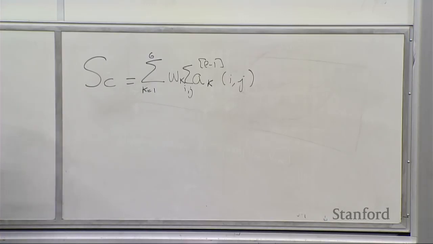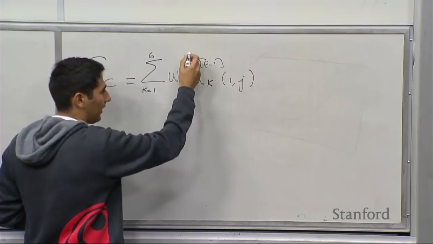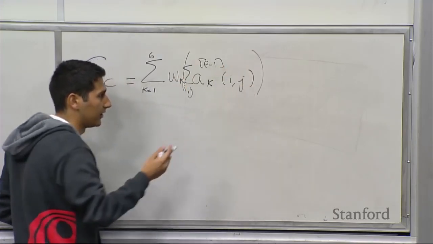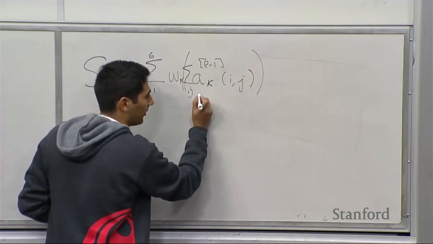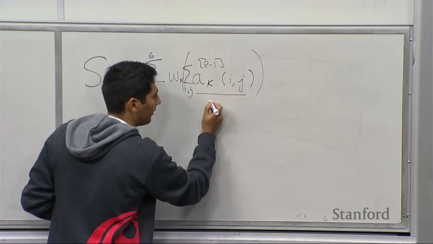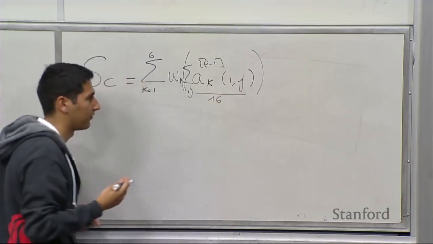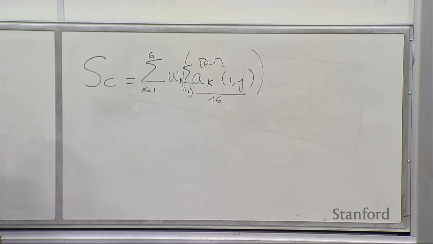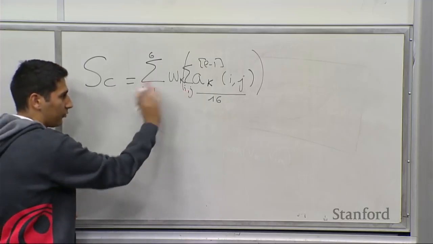Can you see in the back? Roughly. So what I'm saying is that here I have my global average pooling that happened here, and I can divide it by a certain number. So divided by 16, 4 by 4. Okay? I can switch the two sums.